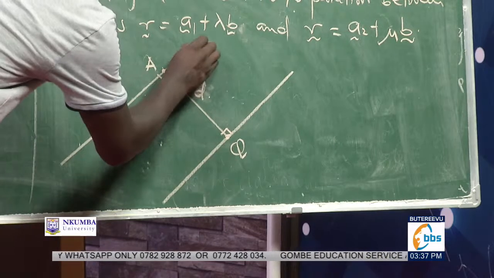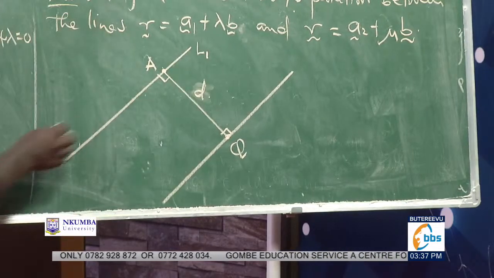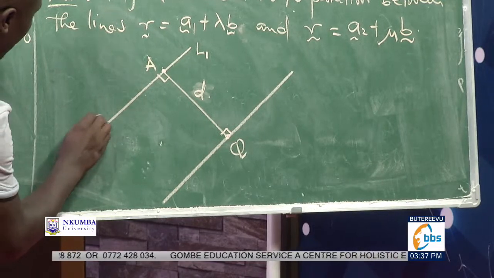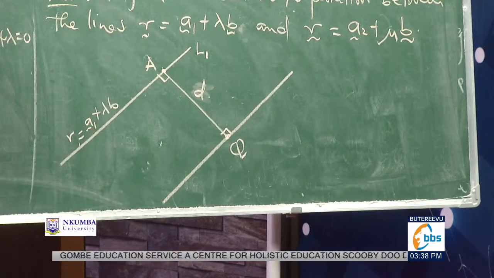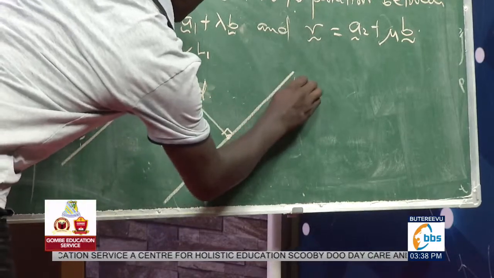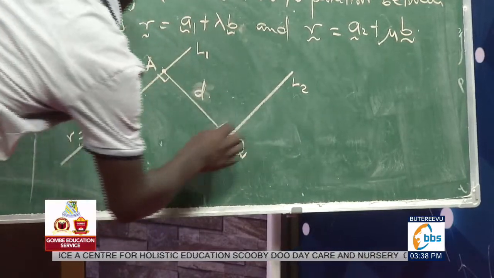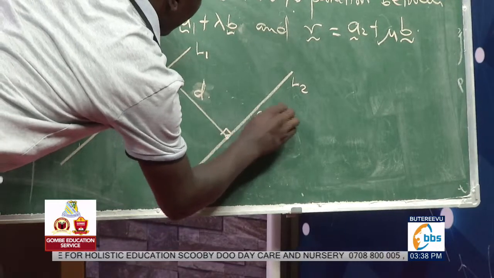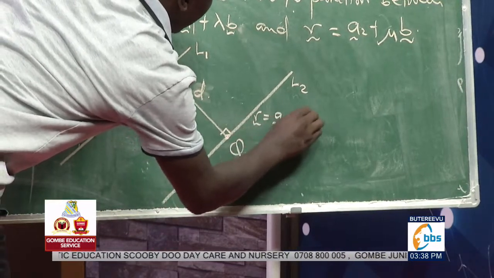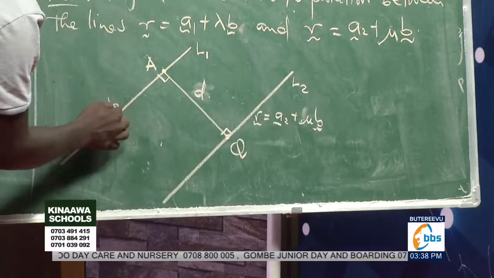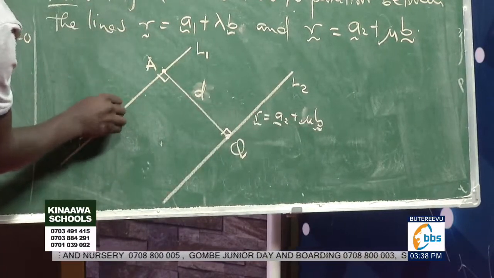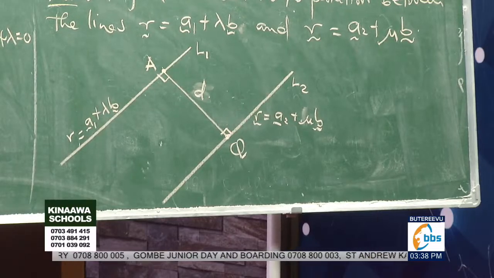Let's call the first line L1, where L1 is r equals a1 plus lambda b, and L2 is r equals a2 plus mu b. Since they are parallel, that's why we are giving them the same direction vector.